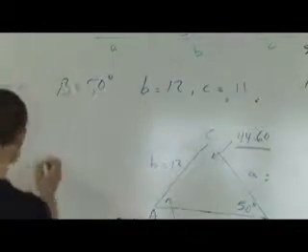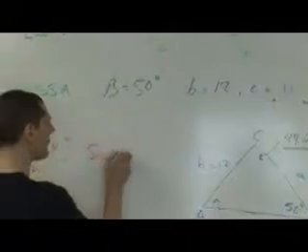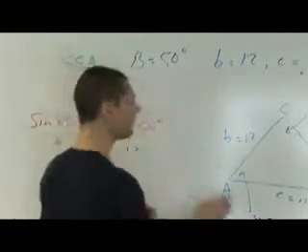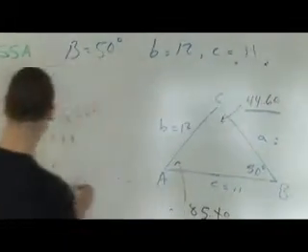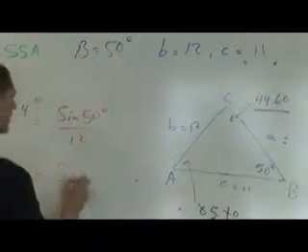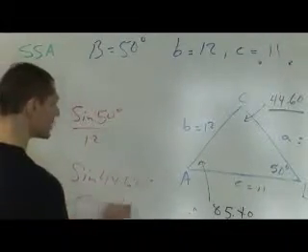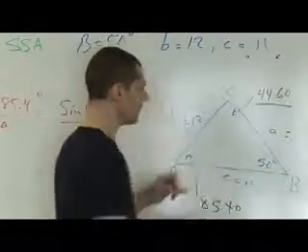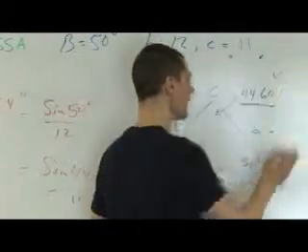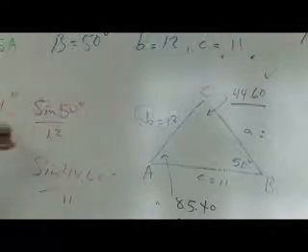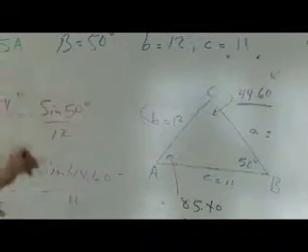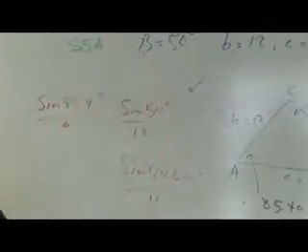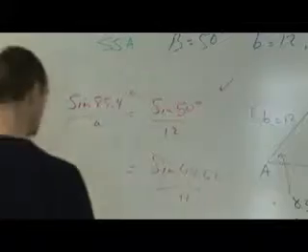Should I say it's equal to the sine of 50 degrees over 12, because that's B, or should I say it's equal to the sine of 44.6 degrees over c, which is 11? Here's the deal. This was given to us. We're not approximating. This was approximated. If you use an approximation in an approximation, it'll get a little farther off. So I'm going to use the given information to derive this. And my producer says we're running out of time.